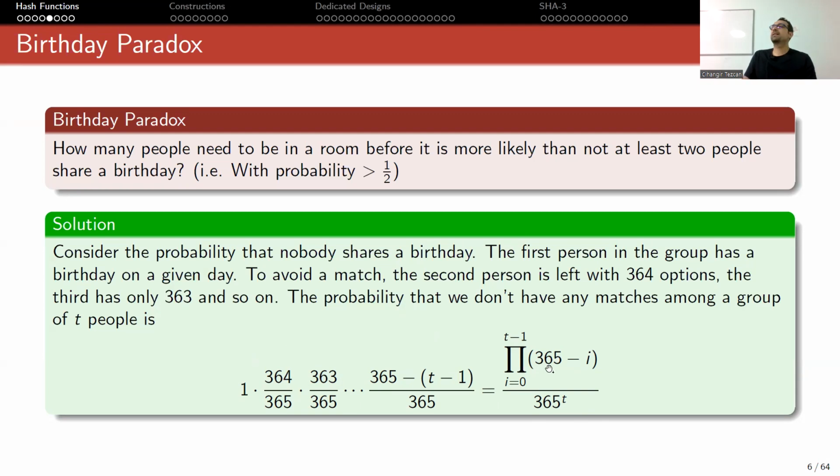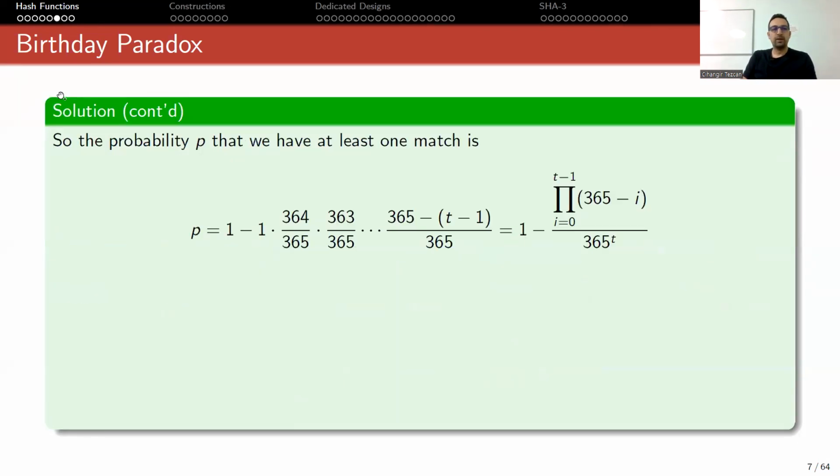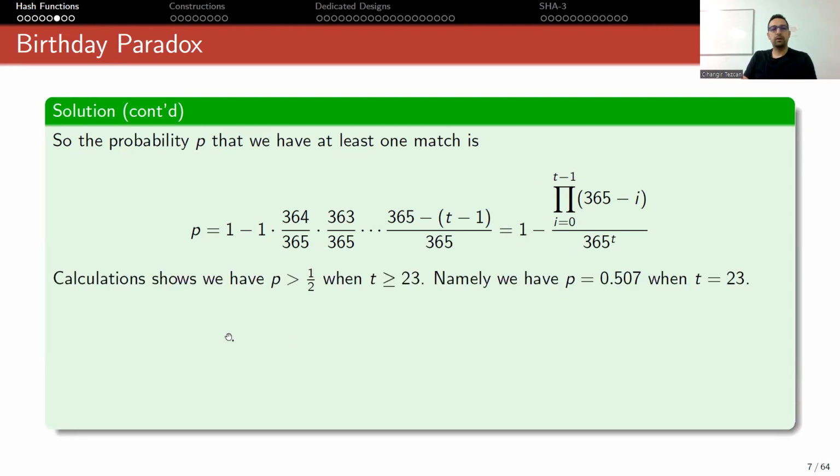So the probability that they share a birthday is 1 minus this value. The question is, when does 1 minus this value exceed 1/2? So the probability P that we have at least one match is 1 minus the previous multiplication, which is this. Calculation shows that this probability is larger than 1/2 when T equals 23.